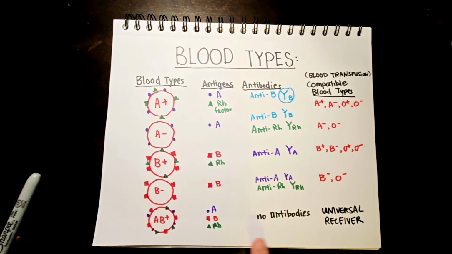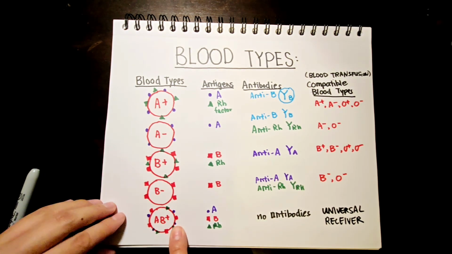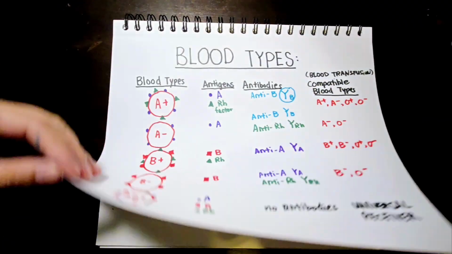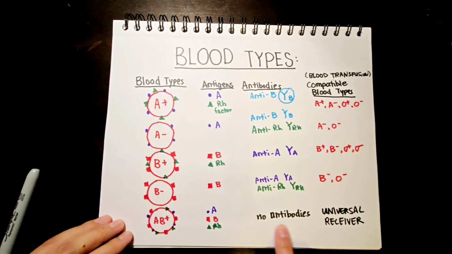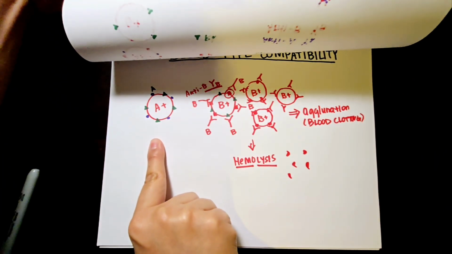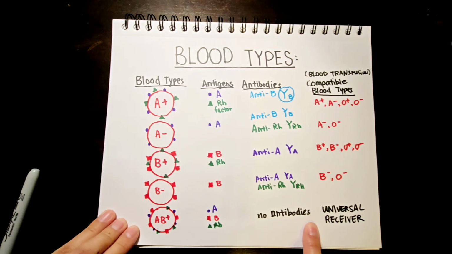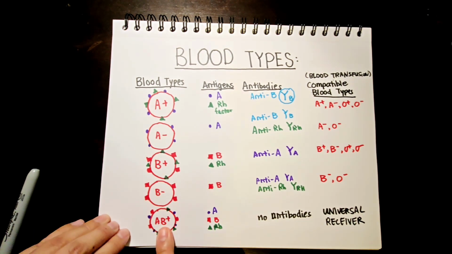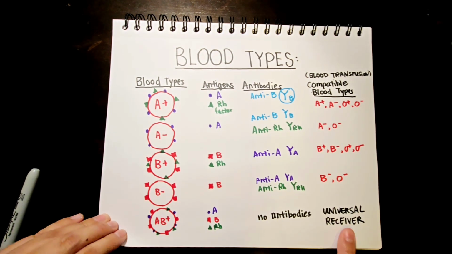Meaning that if you are AB positive blood type, it doesn't matter if you get blood from any of these blood types, your immune system will not cause an agglutination situation. No clotting, because there's no antibodies for it. Whatever you make as antigen, you will not make as antibodies, because you will not fight against your own cell. You will not clot your own cell. This is why AB positive individual is the universal receiver.